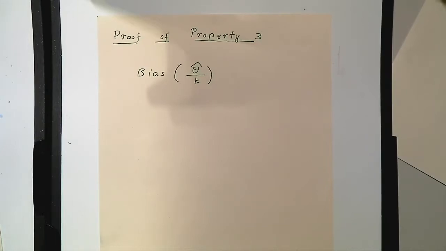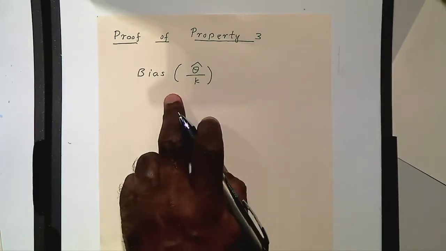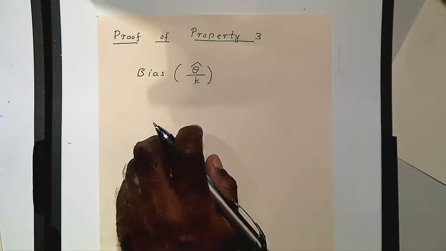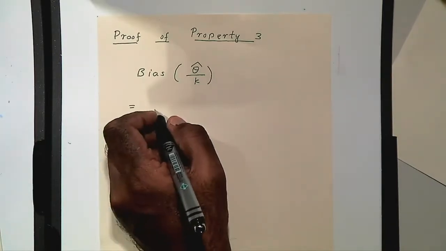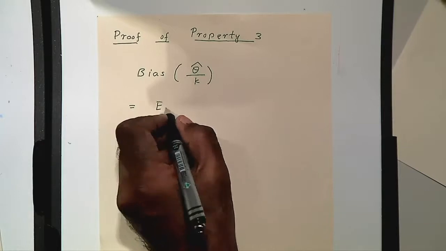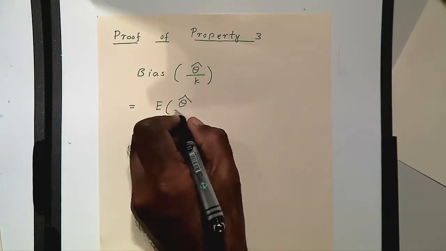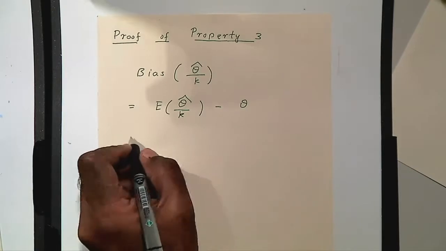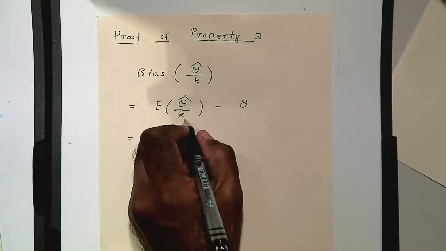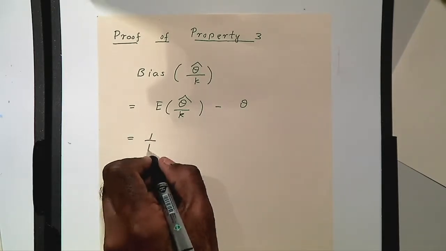So to prove that this is unbiased for theta, we need to prove that the bias of this is 0, right? So the bias, as I told you last week, is defined as this, right? Because k is a constant, you can take it outside.